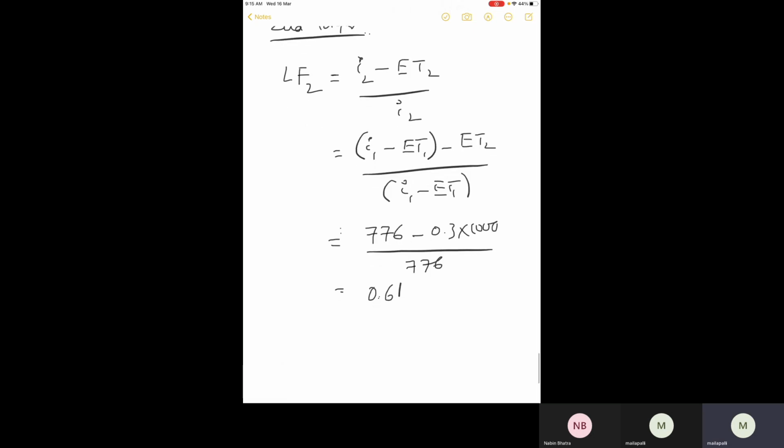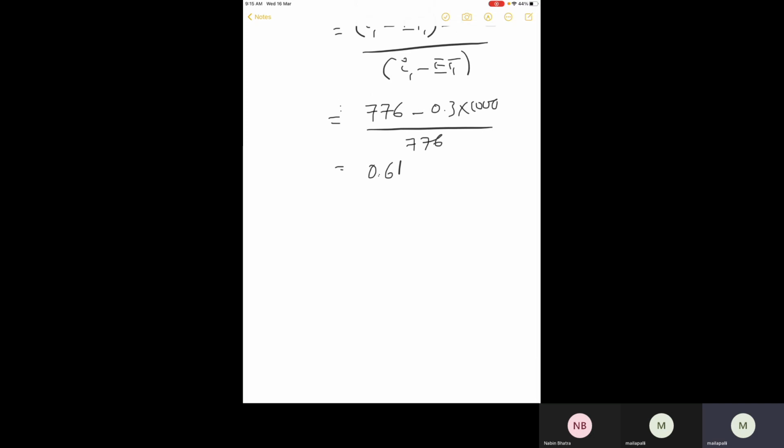Similarly, you have to find out EC2 because that's the concentration in layer 2. EC2 is equal to EC1 divided by LF2. So that is 1.5, which we have already estimated, 1.5 dS per meter, divided by 0.61, and you get 2.5 dS per meter.